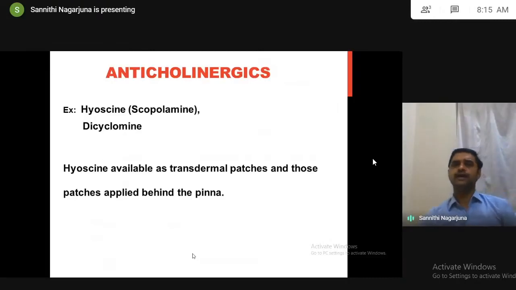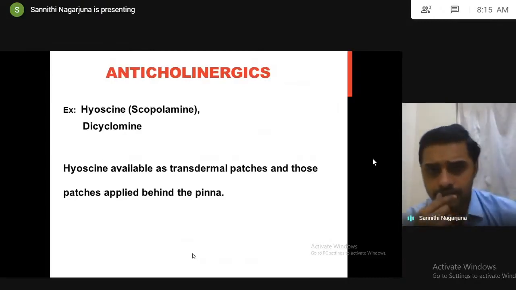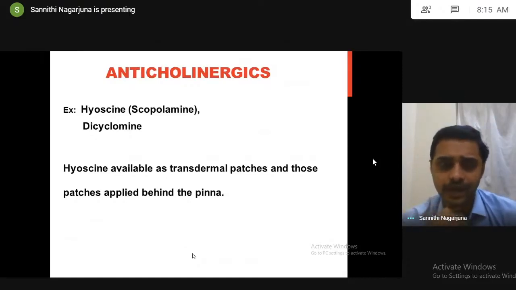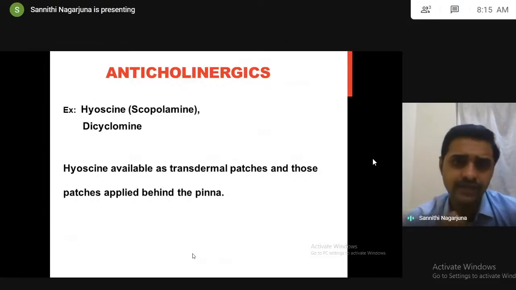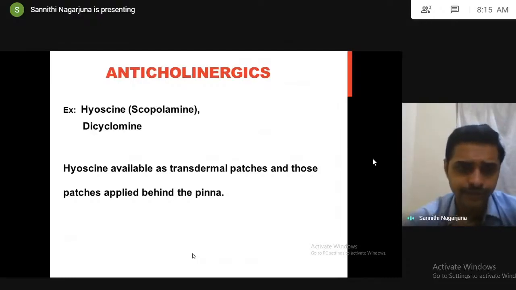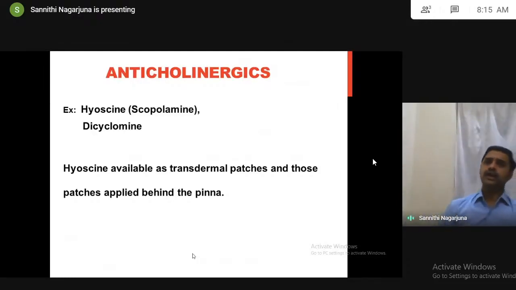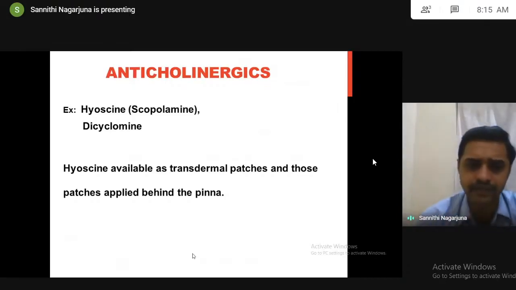The first one is anticholinergics. Examples are hyoscine, also called scopolamine, and also dicyclomine. Hyoscine is available as transdermal patches, and these patches are applied behind the pinna.